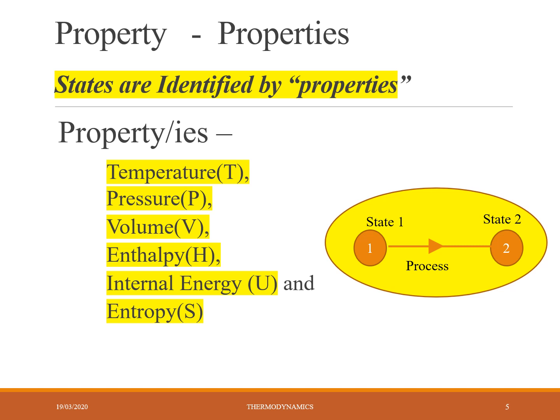So then finally what you can say? P1, V1, T1 is converted into P2, V2, T2. How? Due to a process.